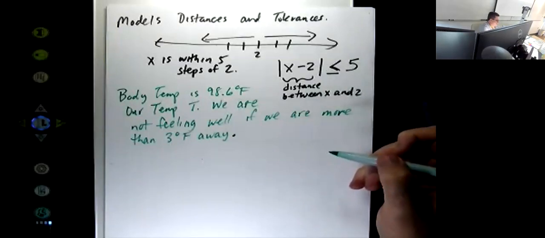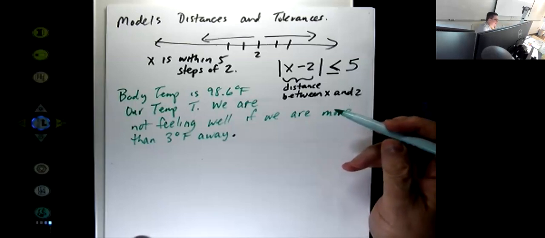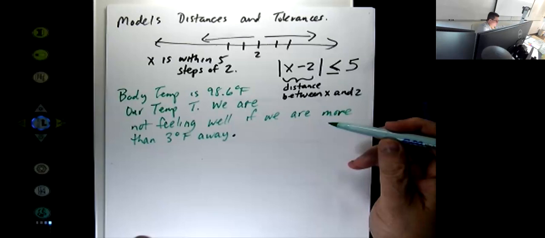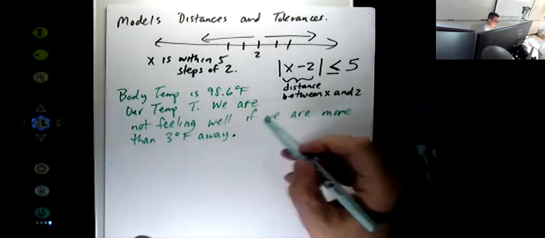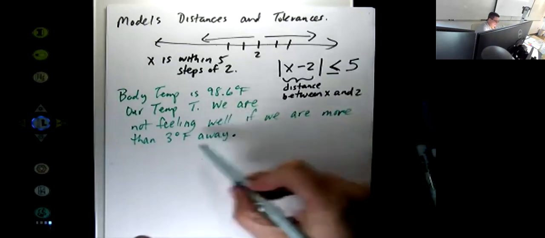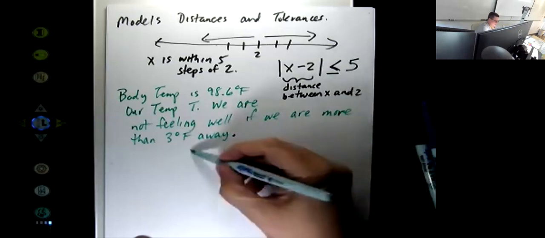Not everyone's 98.6, but everyone has a body temperature that's theirs. When you get more than 3 degrees away, either colder or hotter, you don't feel very good. So whatever that distance away is what goes outside the inequality.